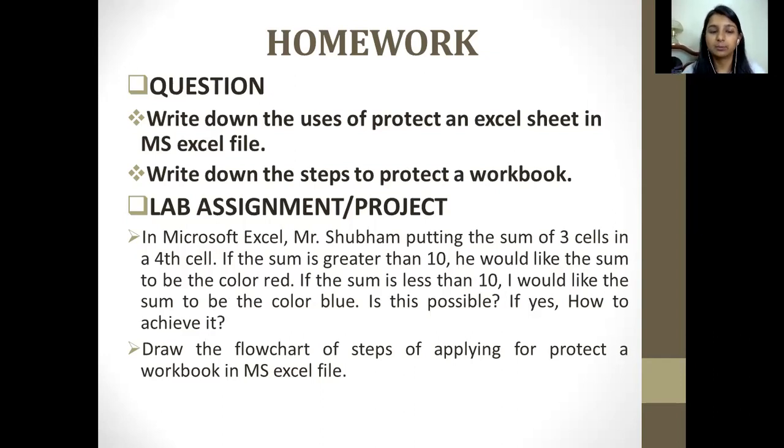First of all, in Microsoft Excel, there is a name, Mr. Subhash, who is putting the sum of three cells in a fourth cell, where you have to put the sum of greater and less than, and you have to apply security on it so that you can make this private and other persons cannot access or edit it. Okay, and you have to make the flow chart of the steps of applying protection of the workbook.